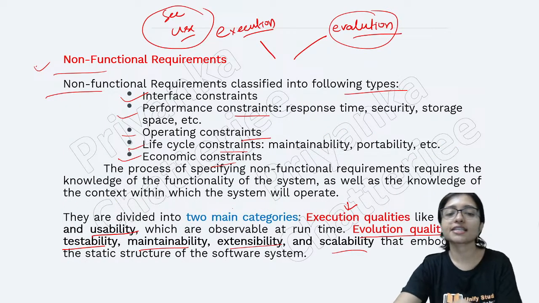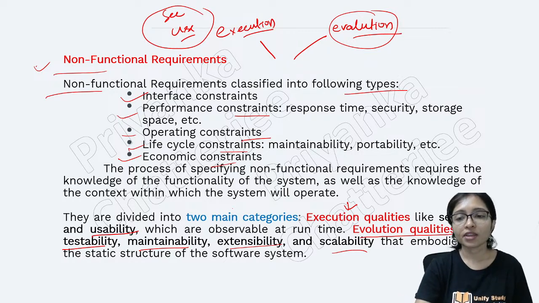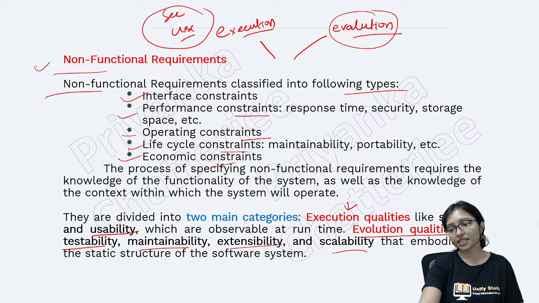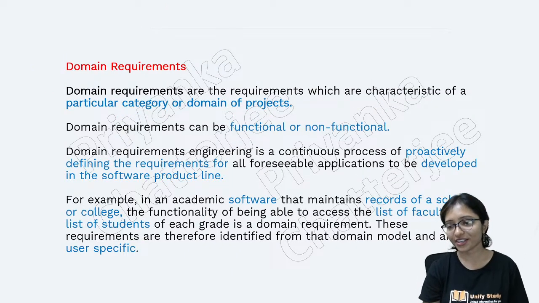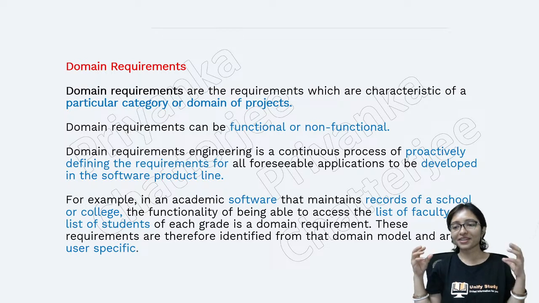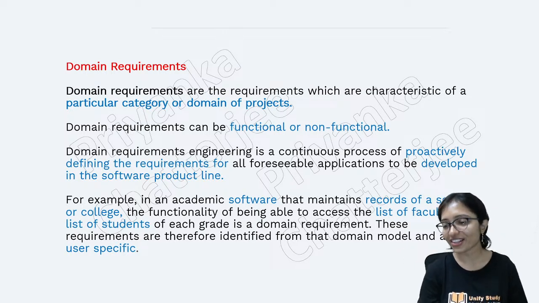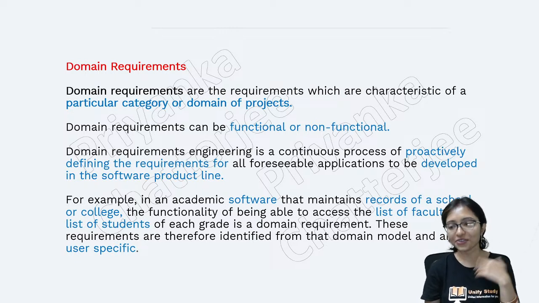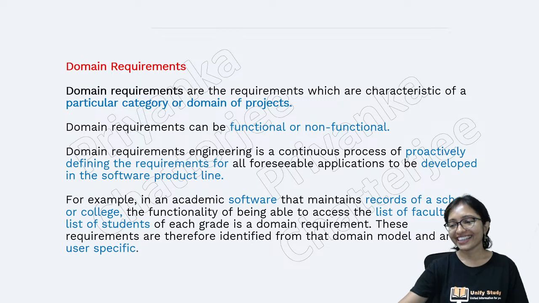Yes, here testability and maintainability are the evaluation qualities, and security and usability are the execution qualities. Very good, Lopa. I will call the name of the person who gives the exactly correct answer, and definitely the first one.